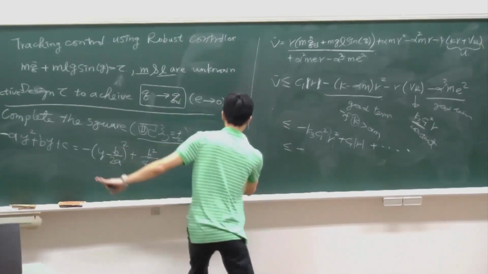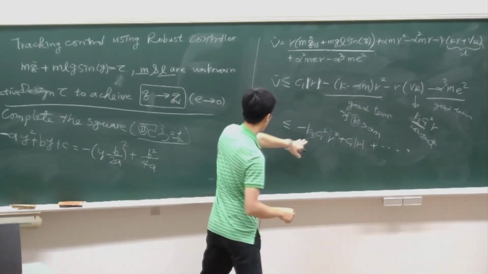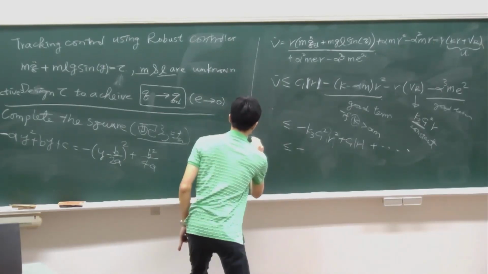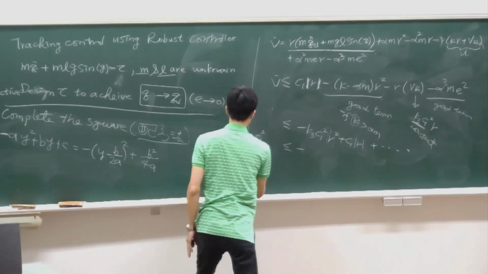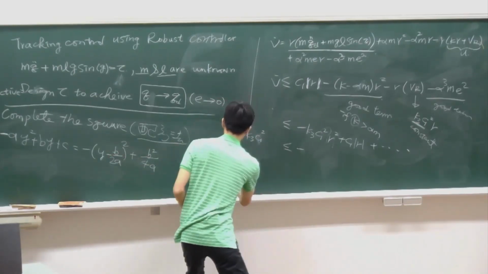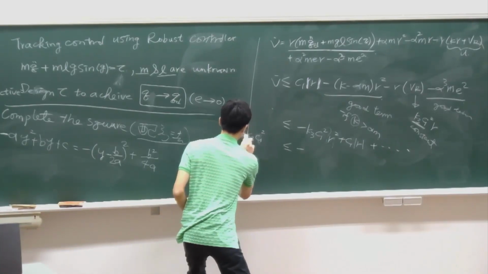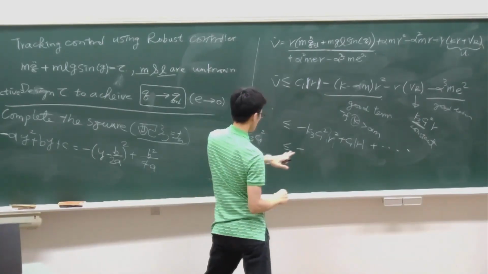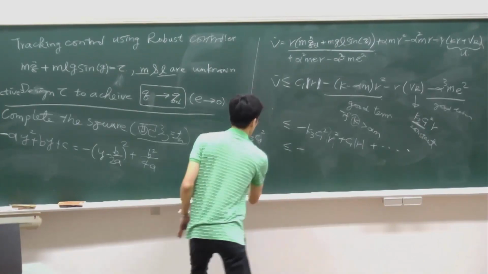So by comparing, the A here is what? It is K3 C1 square. B here is not equal. Let's say B is C1.